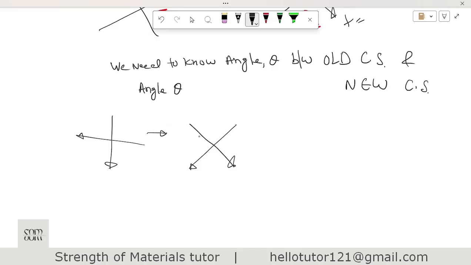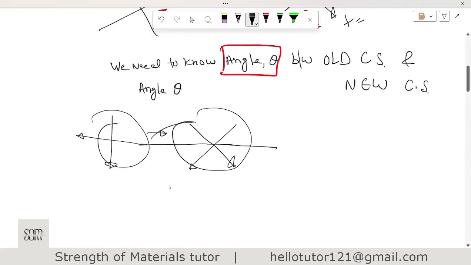So you can find the stress transformation with respect to the new coordinate system, using the old coordinate system, but you need to know the angle theta. What is this angle theta between the old and the new? If you know the angle between them, you can find the stresses.